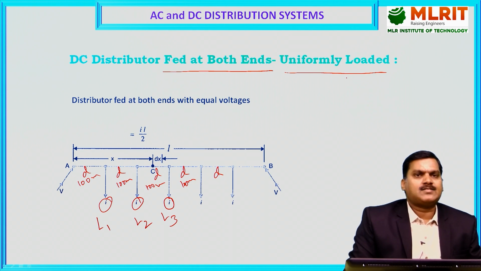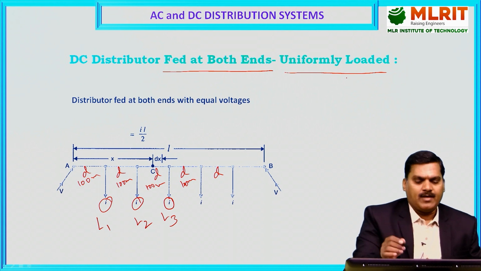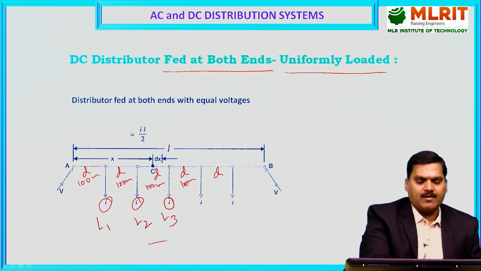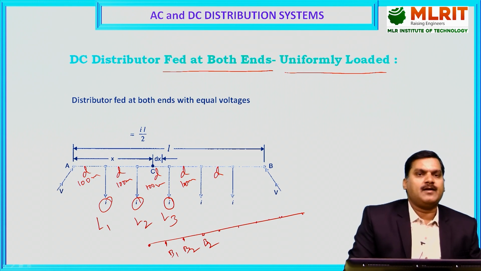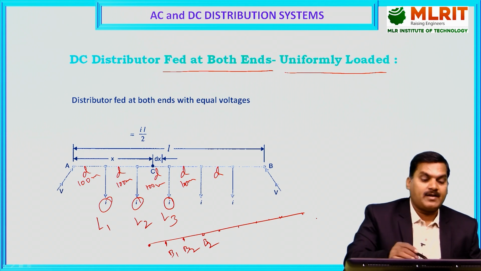In real life, such cases come up, like serial bulbs for any function. A distributor is there, whether it is AC or DC, and at regular intervals a bulb is connected, B1, B2, B3 bulbs, at regular intervals. Whether LED bulbs or other normal bulbs, that means it is an equally loaded system at equal intervals.